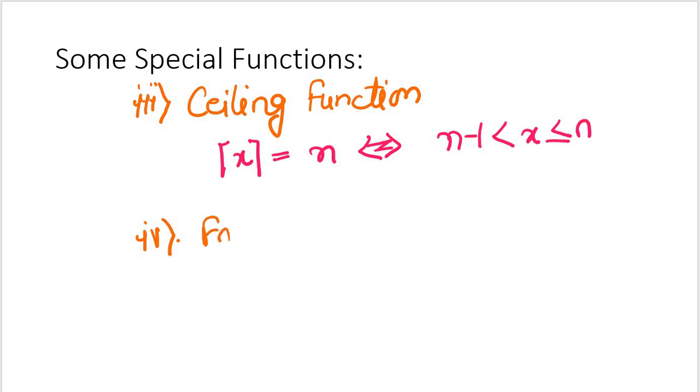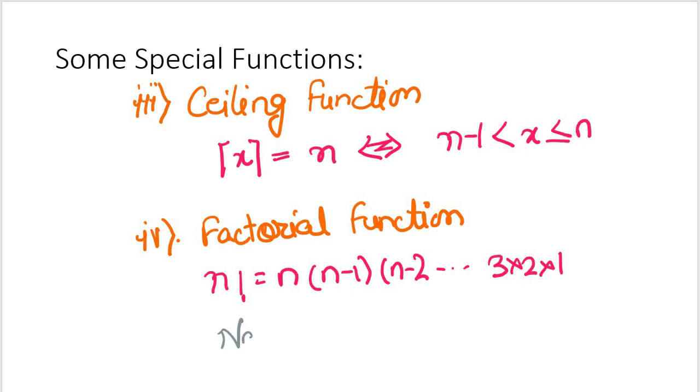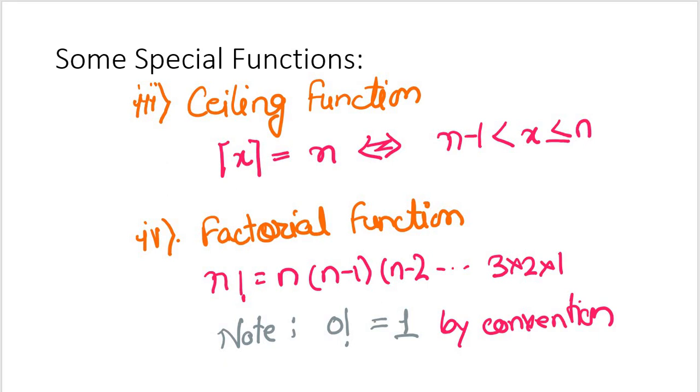And then we have something called your factorial function, right? A very familiar one once again. So your n factorial equals n times n minus 1, times n minus 2, up to 3, times 2, times 1. One thing to note is that 0 factorial equals 1, and this is by convention, right? So 0 factorial gives me 1.